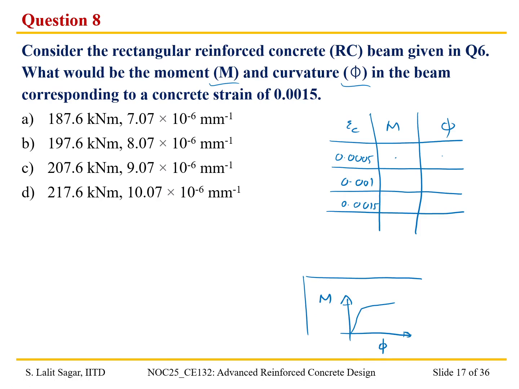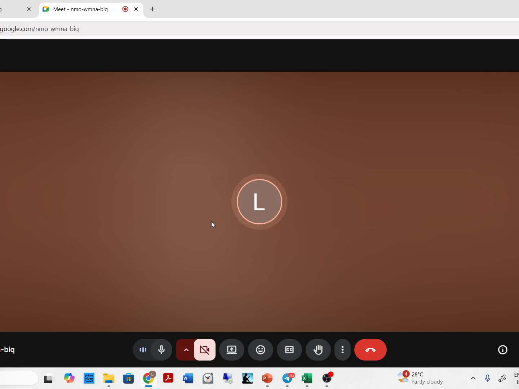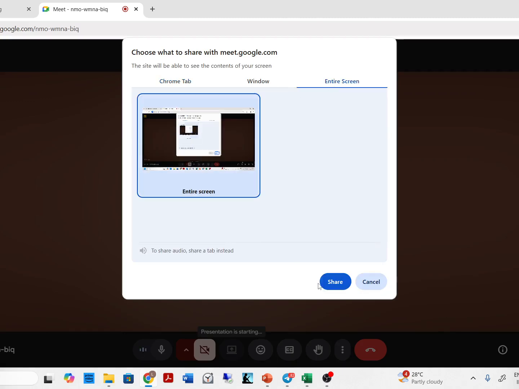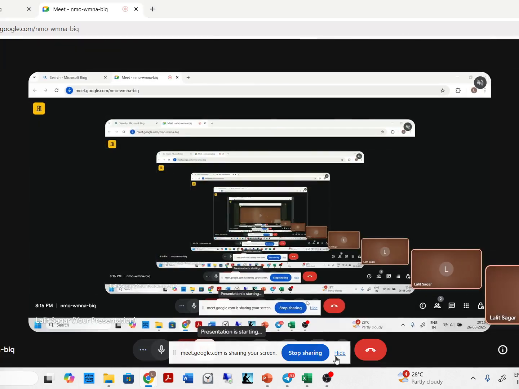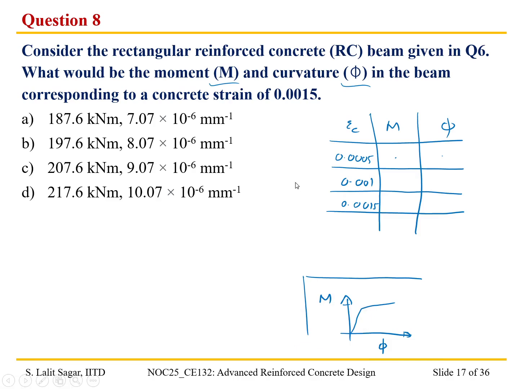So, let us try to solve this example using the Excel sheet that we have developed, right? Let me start sharing my screen now. Yes, I am sharing my screen.